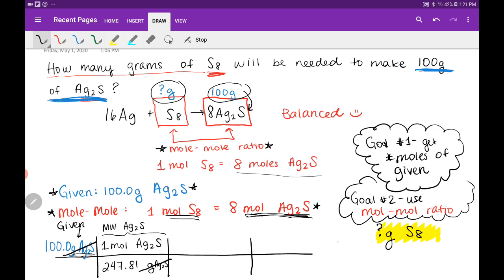And remembering that the units have to cancel exactly top to bottom, we know that on the top here we've got moles of Ag2S. So you can take a moment and predict which one's going to go on top and which one's going to go on bottom in this middle piece here where the mole-mole ratio is going to go. Okay, right here's our mole-mole ratio.